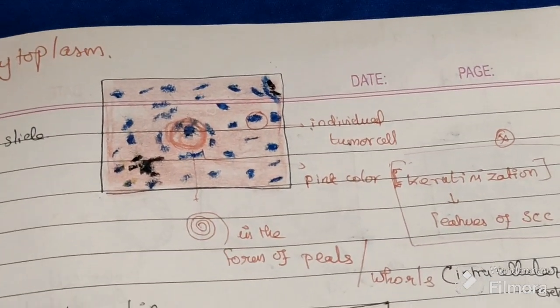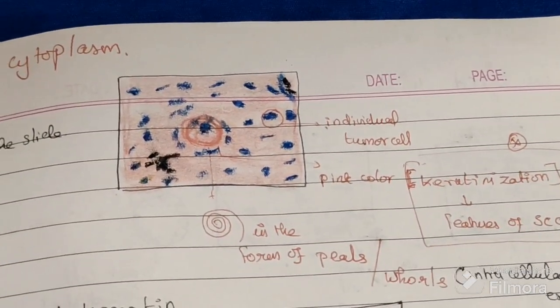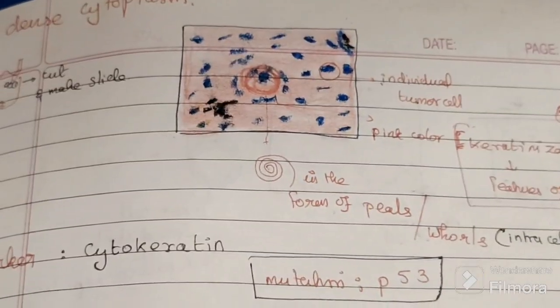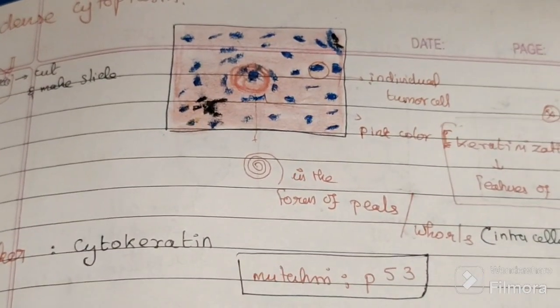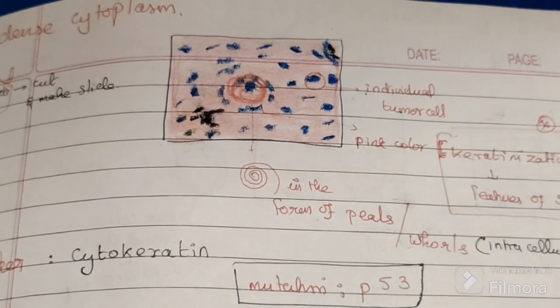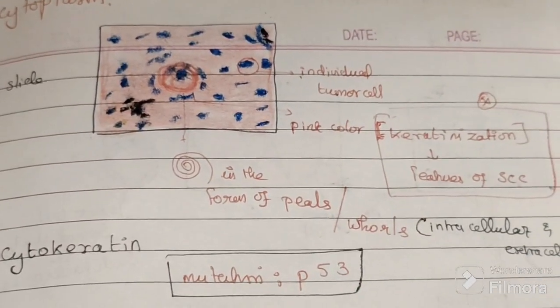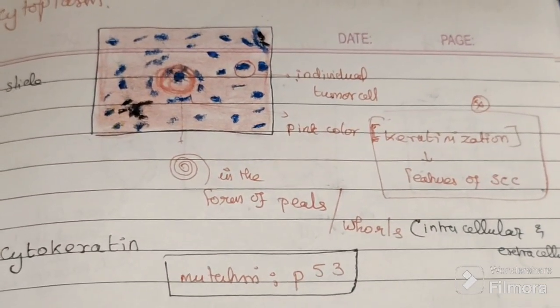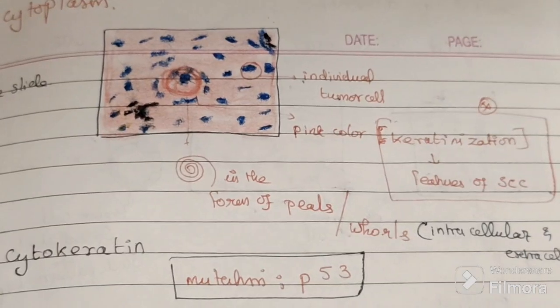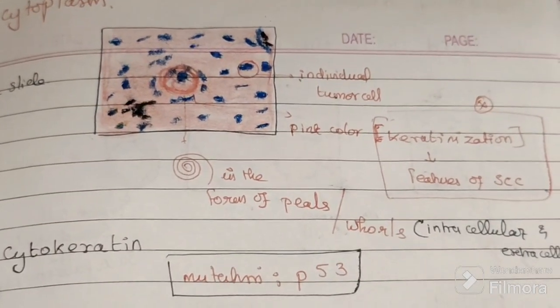This is the important feature of squamous cell carcinoma, not only in the lungs but anywhere in the body. Keratinization is present both intracellular and extracellular.